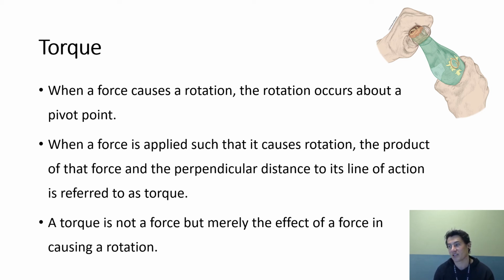When a force is applied such that it causes rotation, the product, so what is created of that force and the perpendicular distance to its line of action, is referred to as torque. Remember, we've said this a few times. So torque would be this rotational pull. If you change this perpendicular distance, that will actually change the amount of force that can be produced, and we'll look at levers next week.